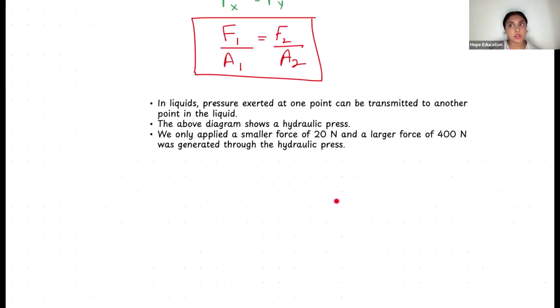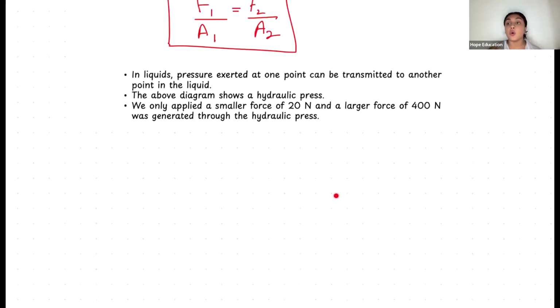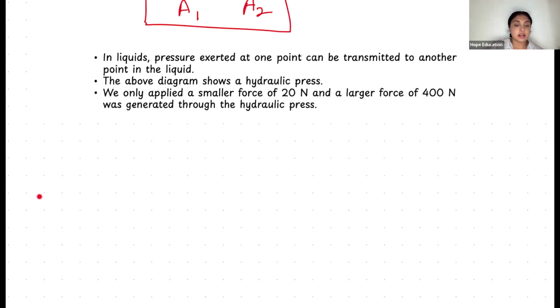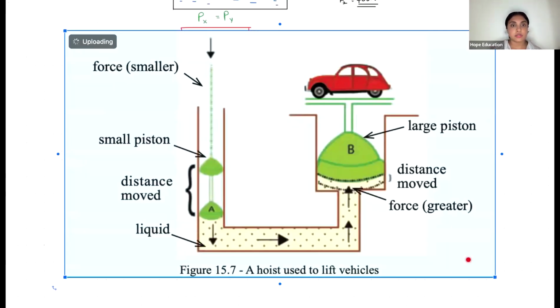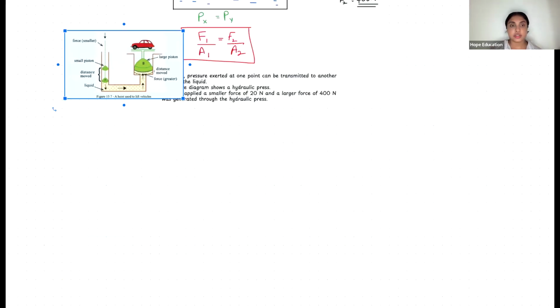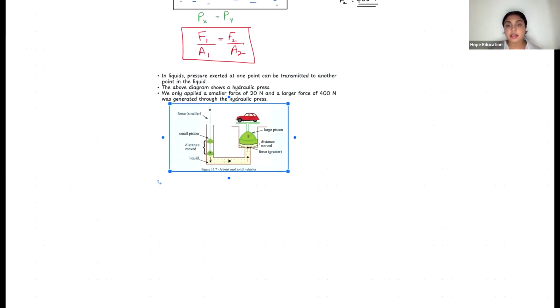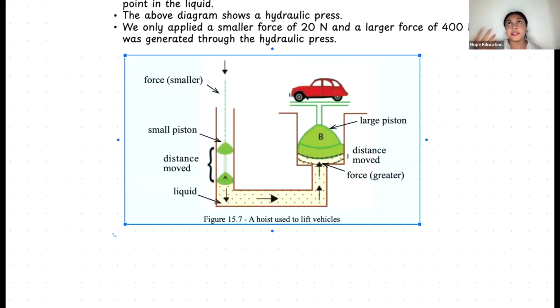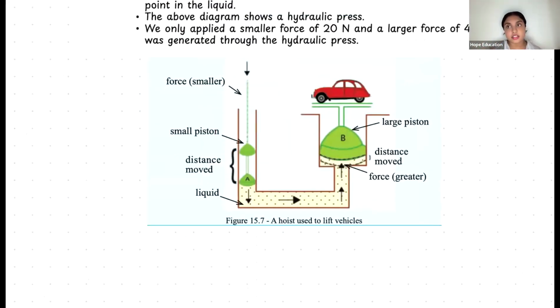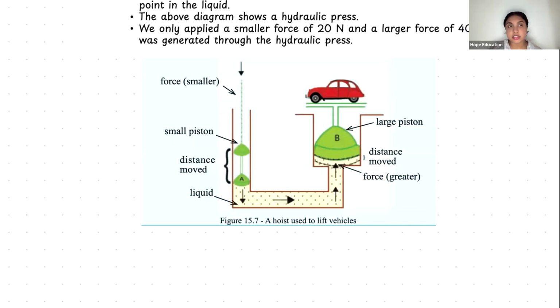Now, I may have told you this last week, but there is something called a hoist, right? For this I'll take the image directly from the textbook, because obviously I am very bad at drawing and it's always better to have an image. Bigger garages or vehicle manufacturing factories have this hoist.